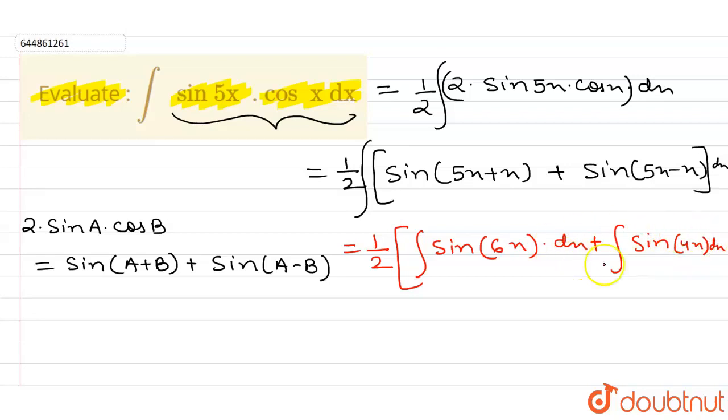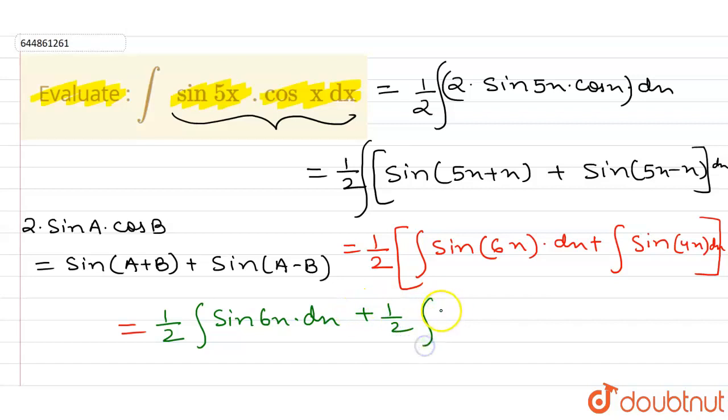Okay, so I have to integrate it, so I can write it as 1 by 2 integration of sine 6x into dx plus 1 by 2 integration of sine 4x into dx.